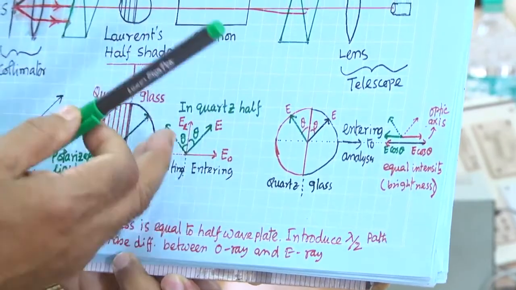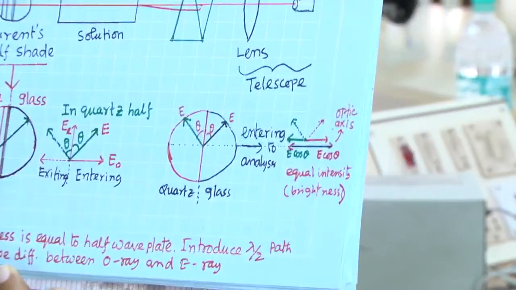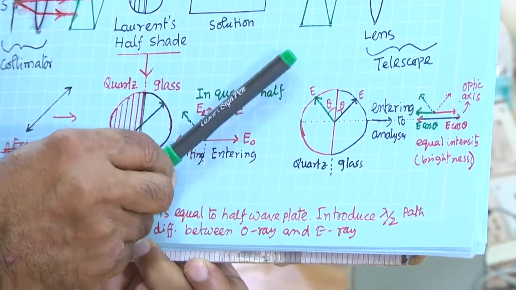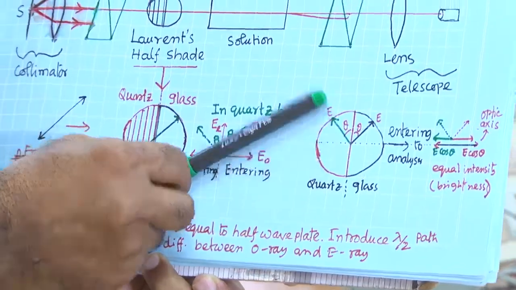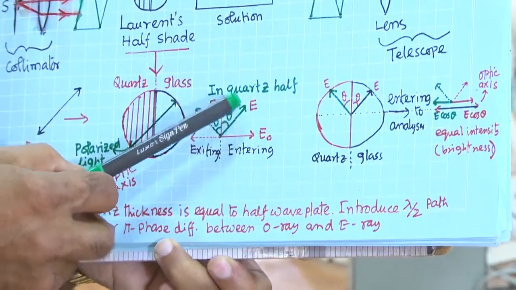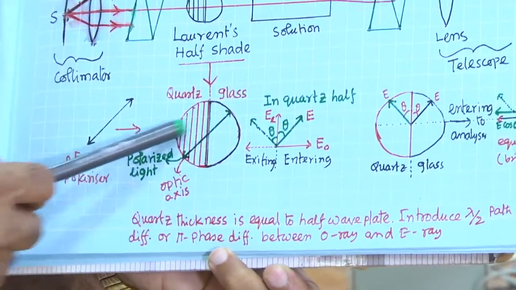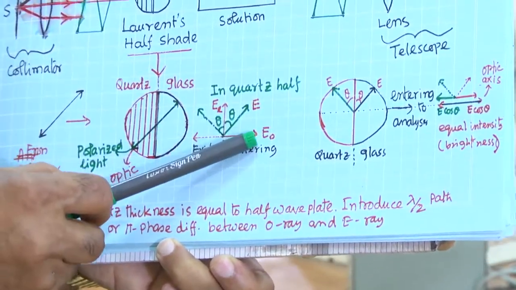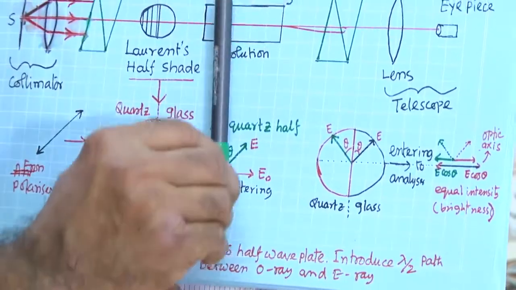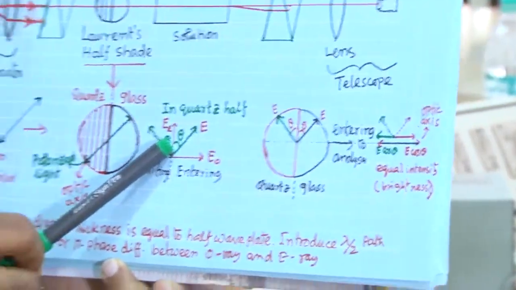O rays and E rays, you know, one is sigma polarized light, another is pi polarized light. So this component will be divided into two mutually perpendicular components. The E component along this direction is basically normal to the optics axis, so it will be the O ray, and another component is this, which will be parallel to the optics axis, so it will be the E ray.